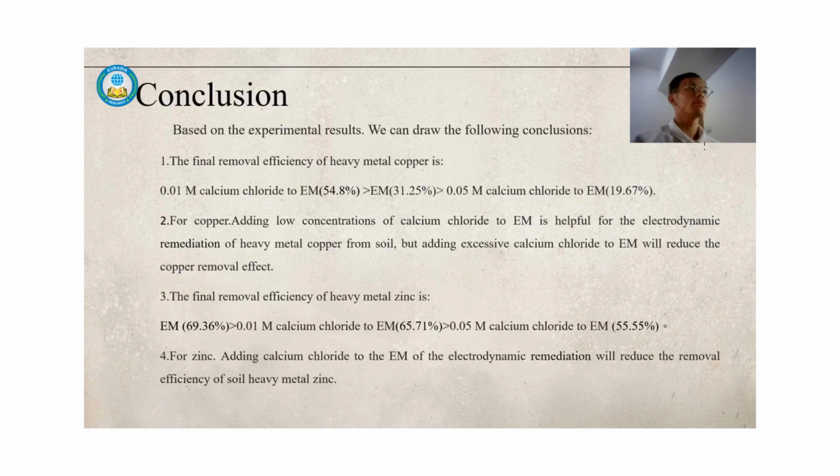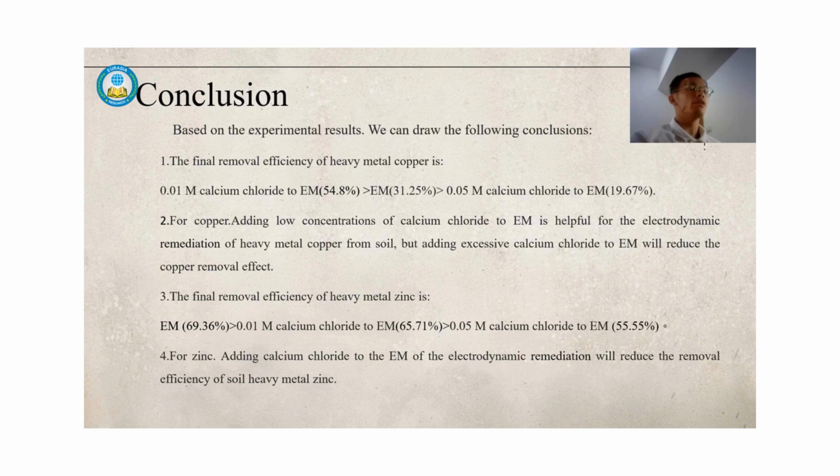Next, let's summarize. Based on the experimental results, we can draw the following conclusions. Conclusion 1. The final removal efficiency of heavy metal copper with 0.01 mole calcium chloride added to EM is better than 0.05 mole calcium chloride added to EM.